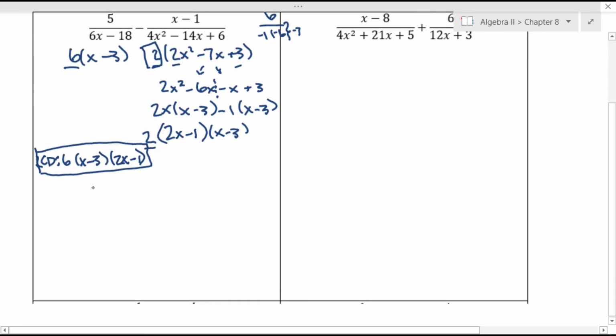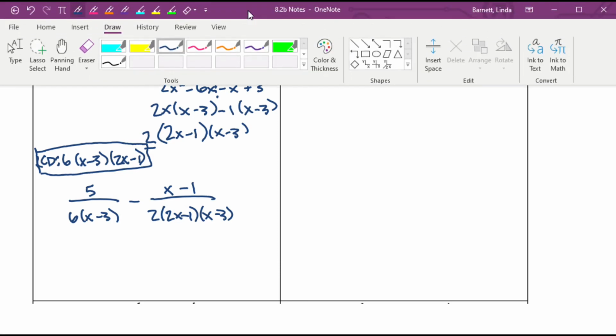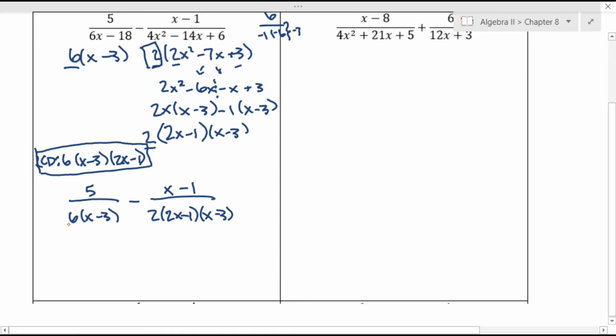I have 5 over 6 times x minus 3, and I'm subtracting x minus 1 over 2 times 2x minus 1 and x minus 3. I think to myself, what do I need to multiply this denominator by to get to my least common denominator?